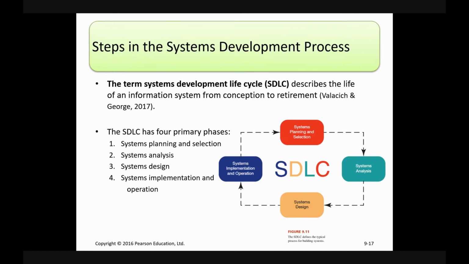After birth, you are a small kid, then you grow up, become a youngster, then you get old, and then you die in the end. So there are different phases of life, and the same different phases make a life cycle. The system development life cycle. Life cycle means from starting to end.